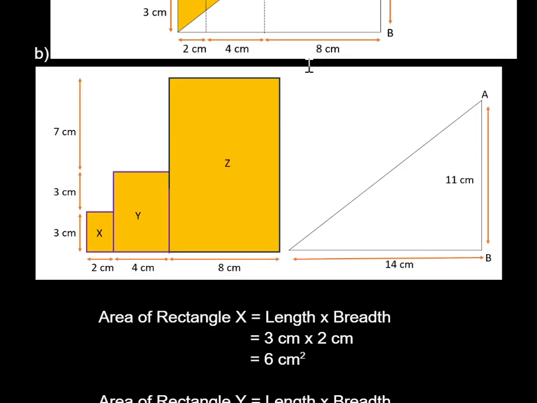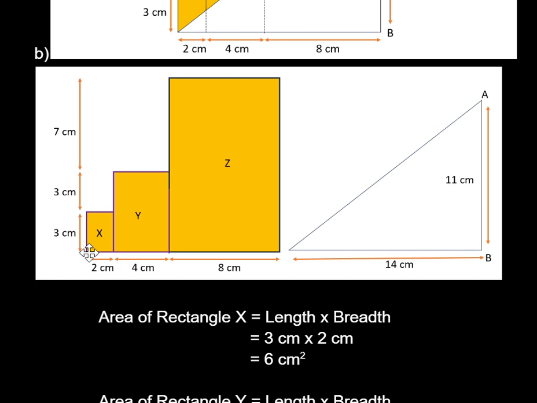Are we able to find the area of the rectangles? Yes, we have all the dimensions. This one is 3 by 2, this one is 6 by 4, and this one is 13 by 8. We can also find the area of the triangle because it's half base times height, which is 14 times 11.